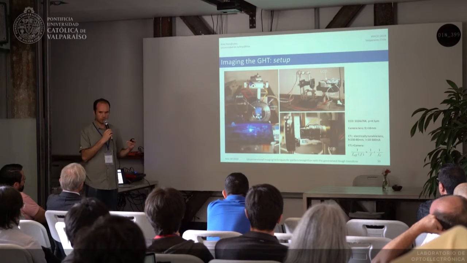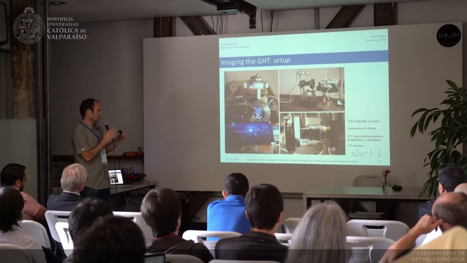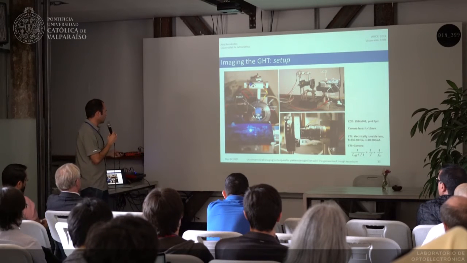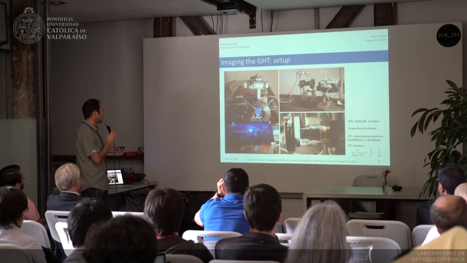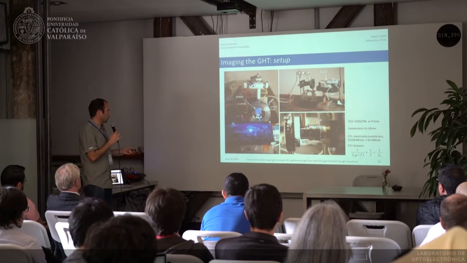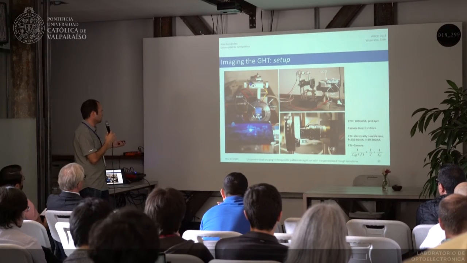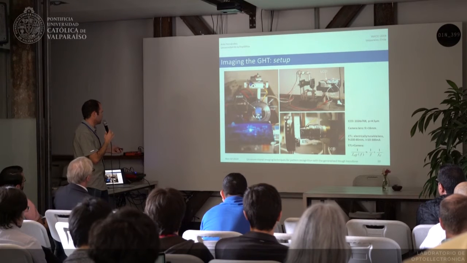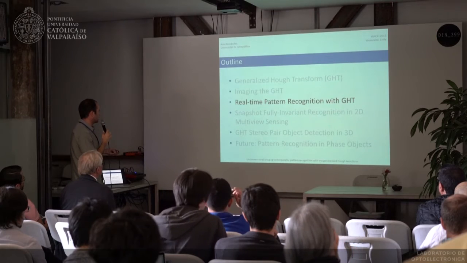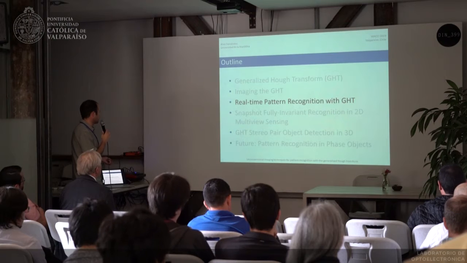That is, we can control the focus of our system, so somehow we can control the size of our projection over the image plane, and we can also control the orientation parameter. In this case, it's a very primitive model of what we are working, but it works somehow with a rotatory stage. With this in hand, we are able to do real-time pattern recognition with our generalized transform.